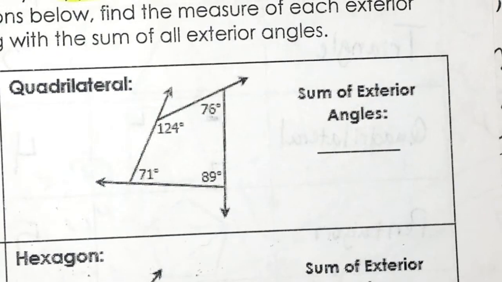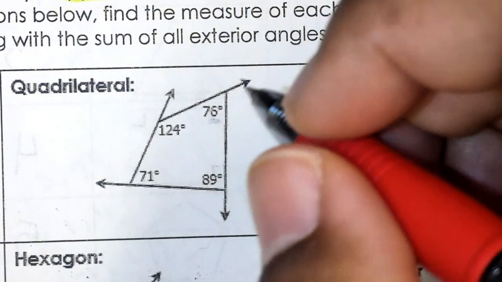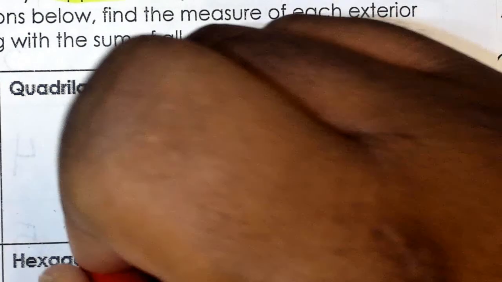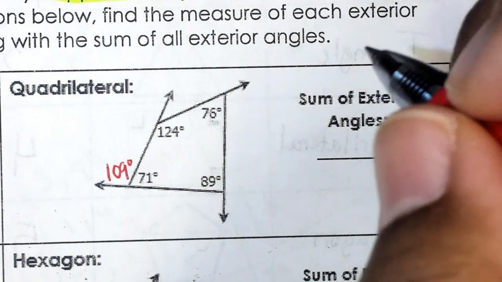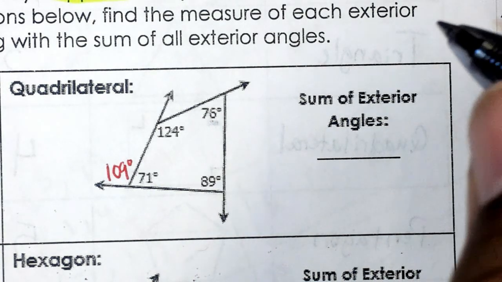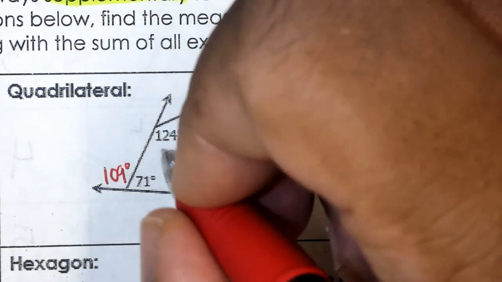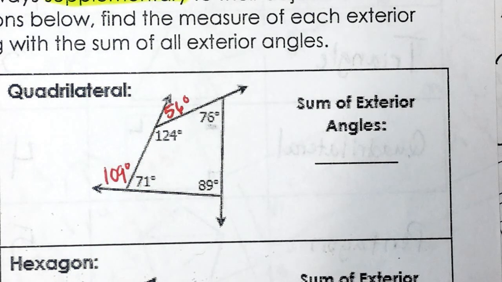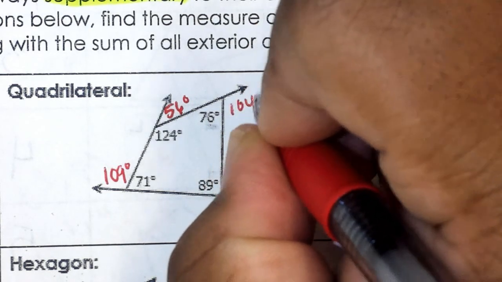Go to the quadrilateral next. Start with the angle next to 71. 109. We can do 124 next. 56. 76. 104.